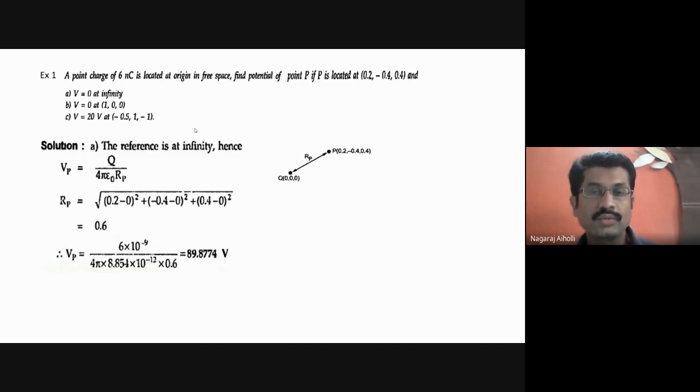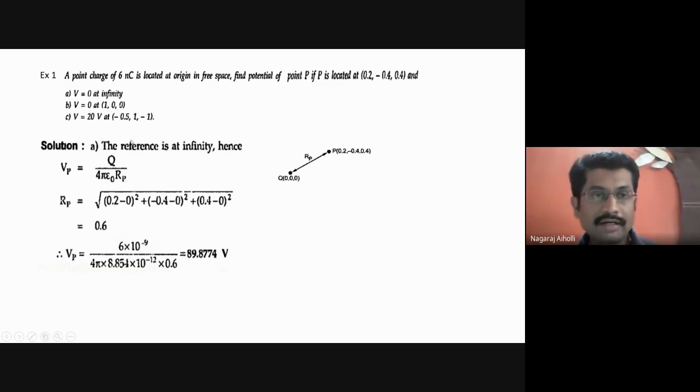That we are supposed to consider, correct? As we did for Q by 4 pi epsilon naught Rp, where we took the distance from P to the origin, similarly, for one more point, we have to find the distance from that point to the origin. That is our distance r. Once we calculate that and substitute in the equation, at this point r, Vr is equal to Q by 4 pi epsilon naught r plus C.